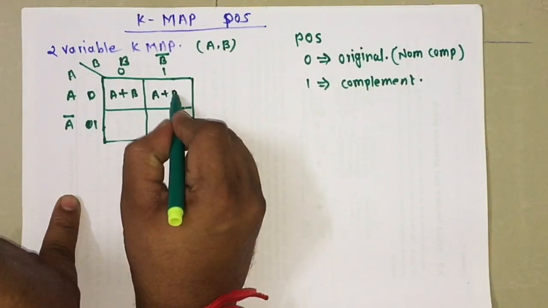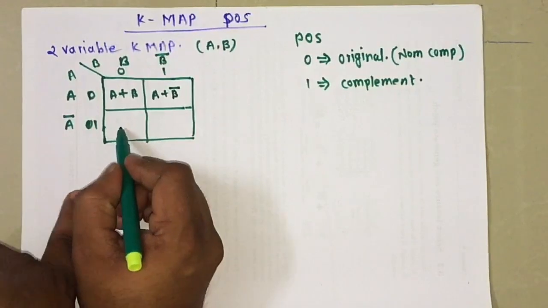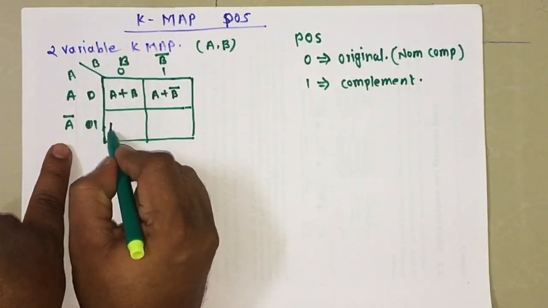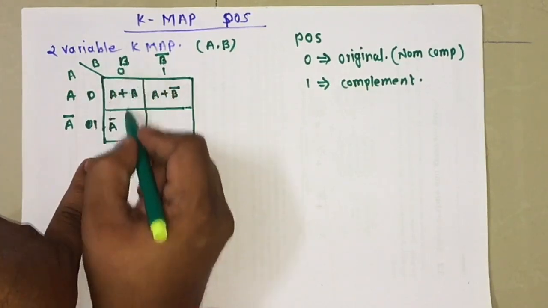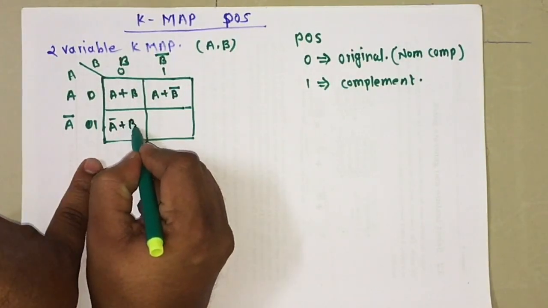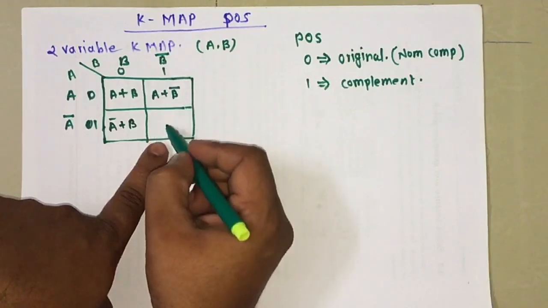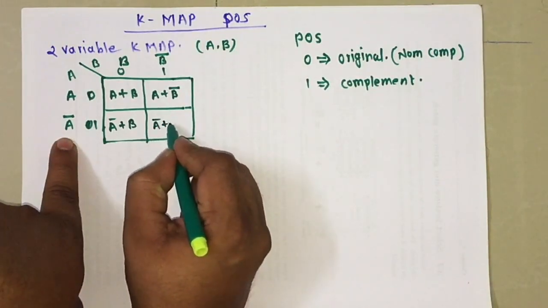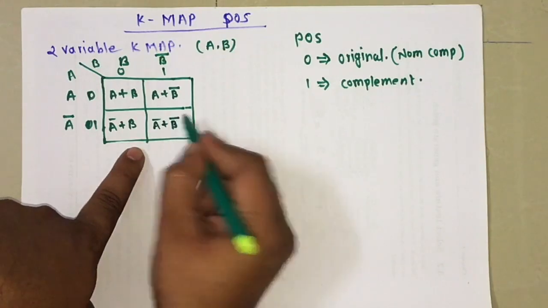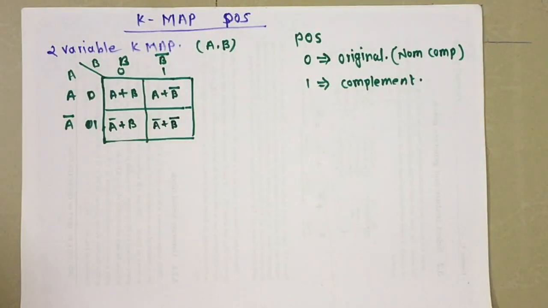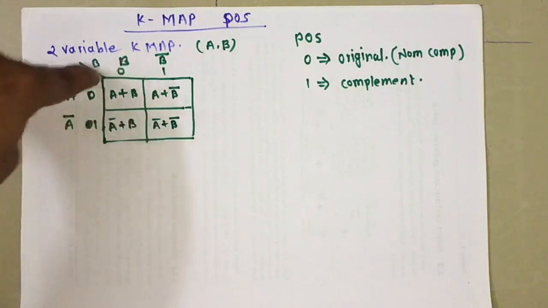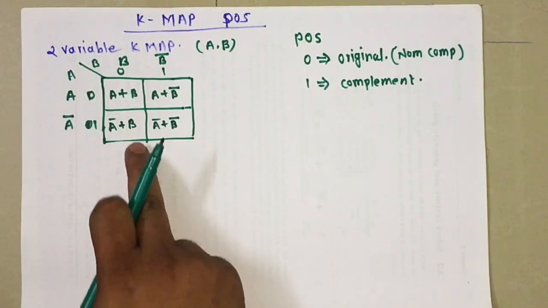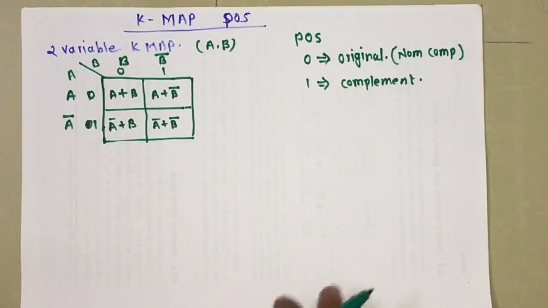So this is A plus B bar. This square box will indicate A bar plus B, where the row value is A bar and the column value is B, and here the row value is A bar plus the column value is B bar. Okay, in this way we will find out the sum term for each square box.